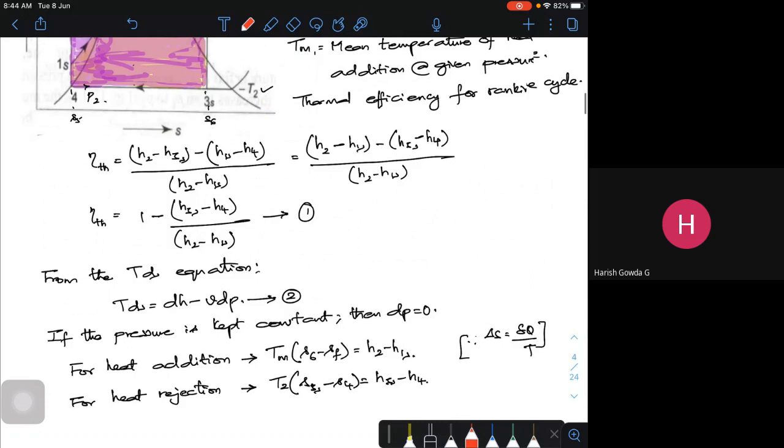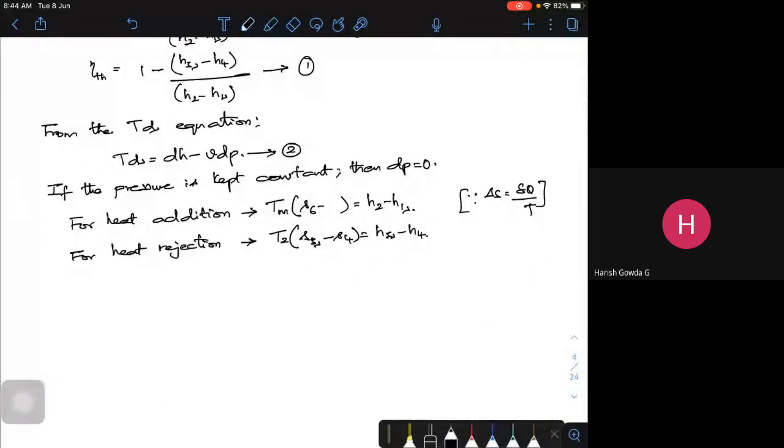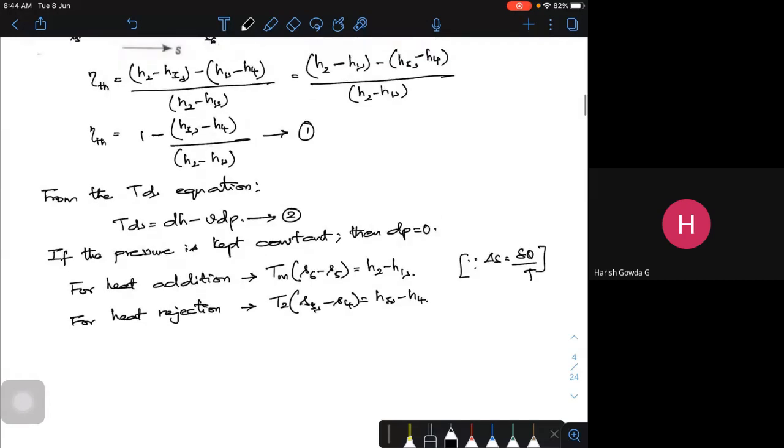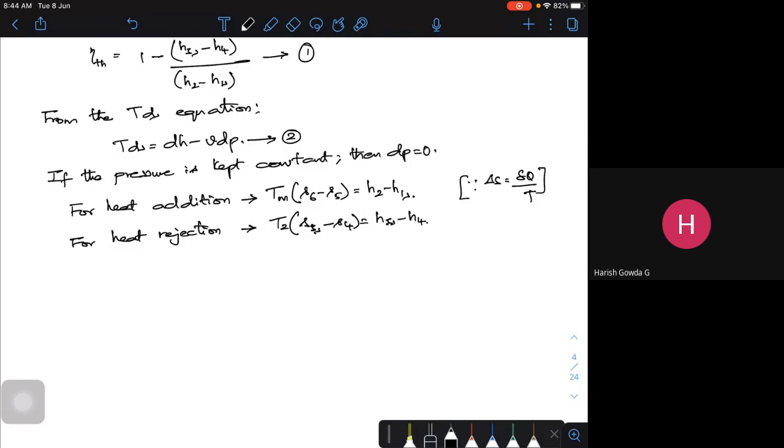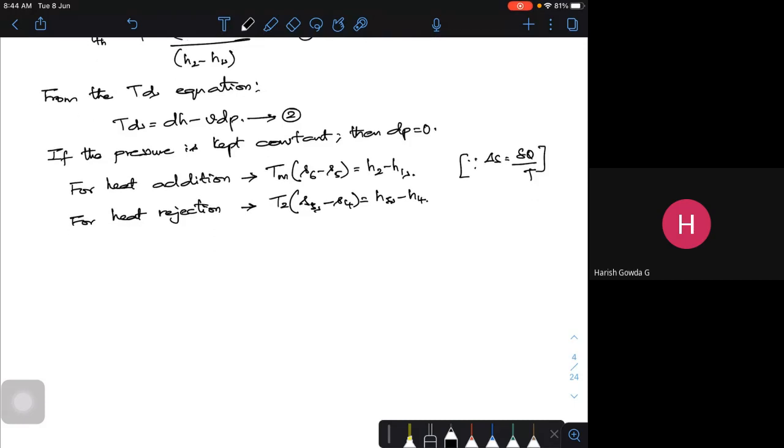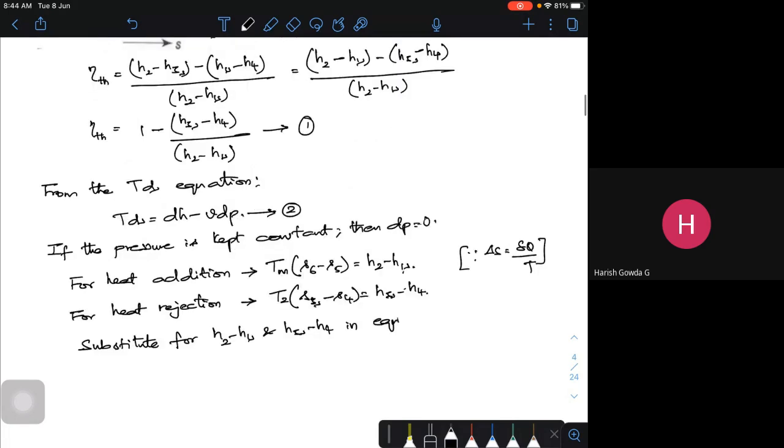So substitute for H2 minus H1 and H3S minus H4 from this expression in your Rankine efficiency, that is, in equation number 1.